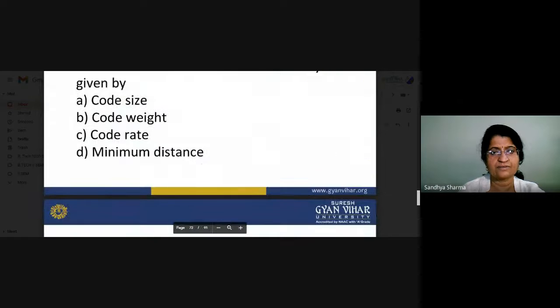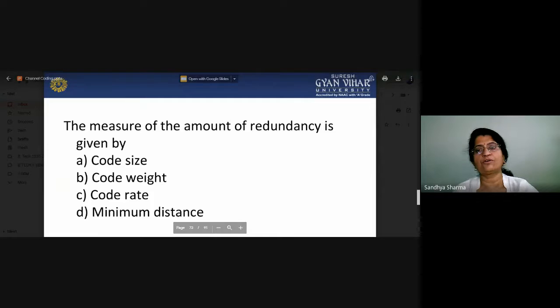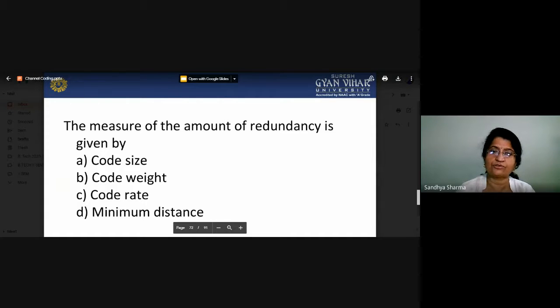Now we will slide a little bit. These are the examples and objective questions. Basically, we are focused on the objective questions because there are many minor things hidden in objective questions, and if we have not attempted that question, we have to focus more on our theory parts. So, measure of amount of redundancy. Redundancy is a very important topic, and we use redundancy in terms of code size, code weight, code rate, and minimum distance.